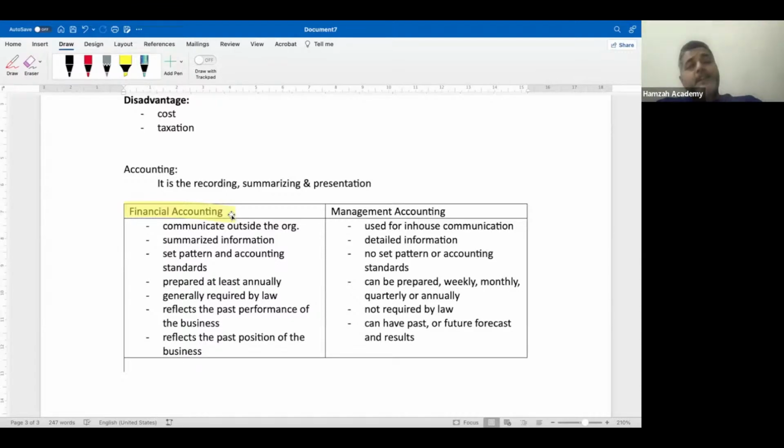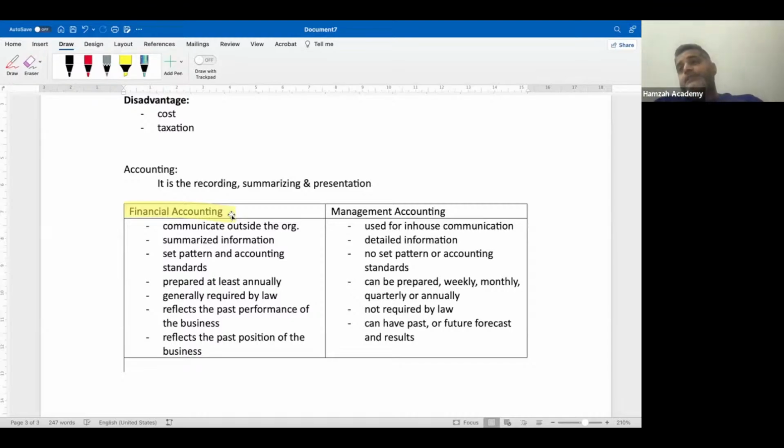So after the whole year has passed, you are going to know what the business has earned, what it has lost, and where the business is actually standing in that particular year. That is the information you are getting after the period.